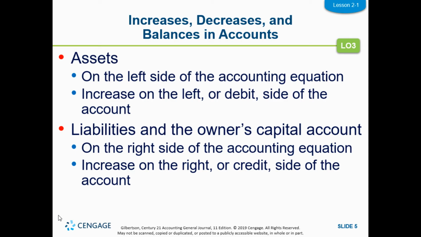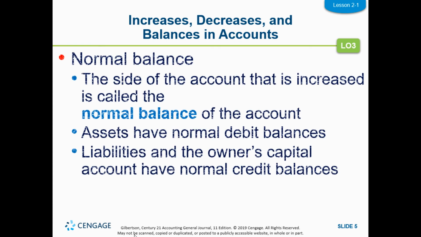So if you want to increase a liability or increase owner's equity, like we did when we put money into the business or we recorded revenue, that's going to be recorded on the right side. The normal balance, the natural balance, will be on the right side of the account for liabilities and owner's equity. The side of the account that is increased is called the normal balance of the account.